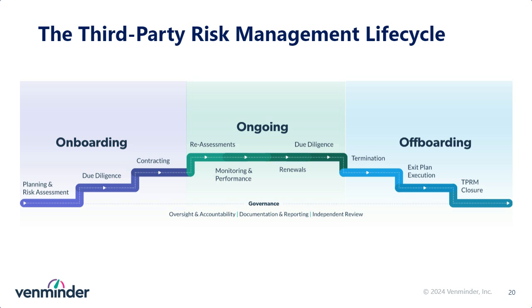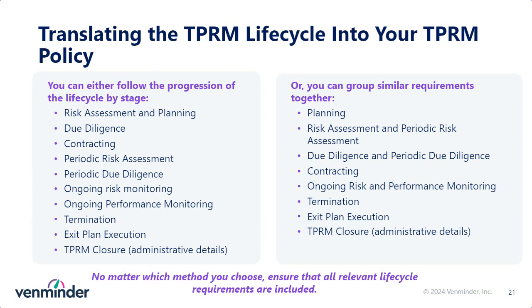Now, one question I get asked a lot is, should I structure my policy to follow the order of the life cycle in terms of stages, or should I, for example, talk about all the types of risk assessment together? Honestly, that's going to be up to you and your organization. Some organizations like to follow the progression of the life cycle, while others are going to group by types of activities, such as all risk assessments in one section.